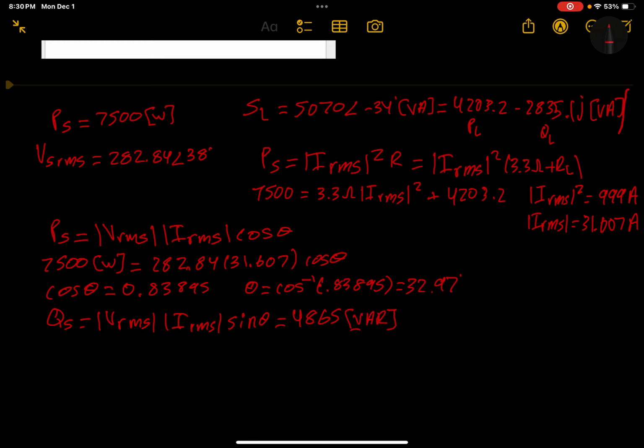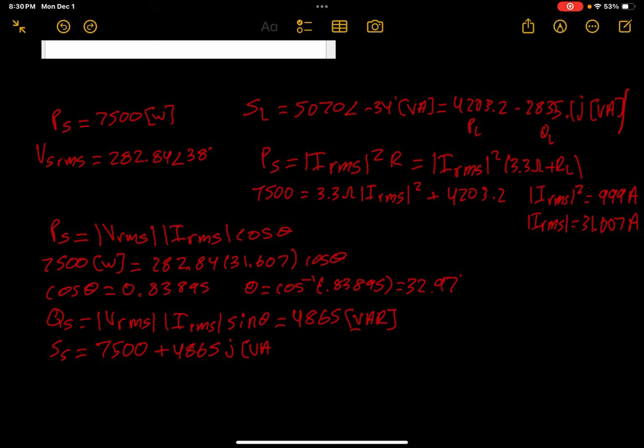So since we have the power and the reactive power of the source, we can also write down the apparent power. That is 7,500 plus 4,865 j volt amps, and this can also be rewritten as, well, actually, for this case, we won't need to rewrite it.